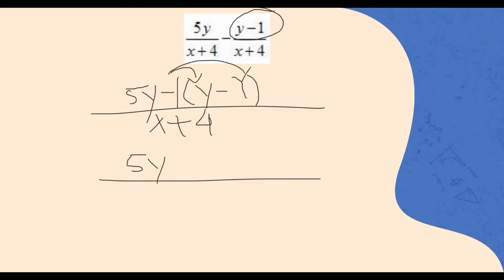So if it was a monomial, then we shouldn't have to change the sign, right? If it was a plus sign, or if the fractions were being added, you wouldn't have to change the sign. The only time the sign changes is when you are doing subtraction and after the subtraction there is a polynomial.